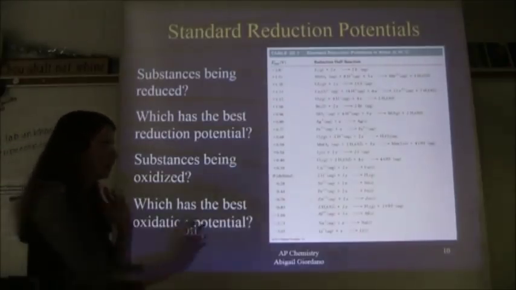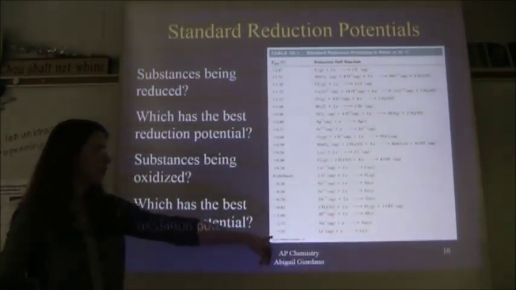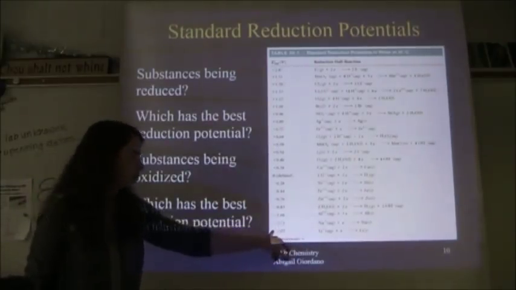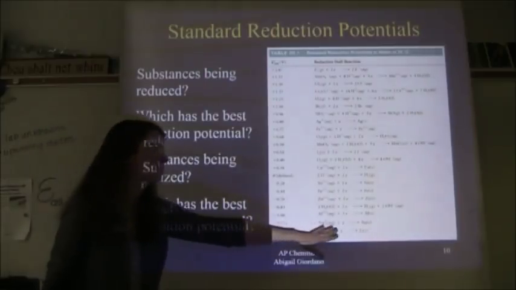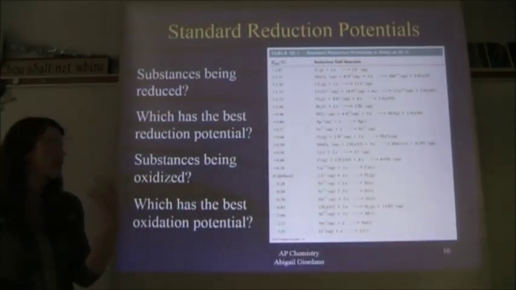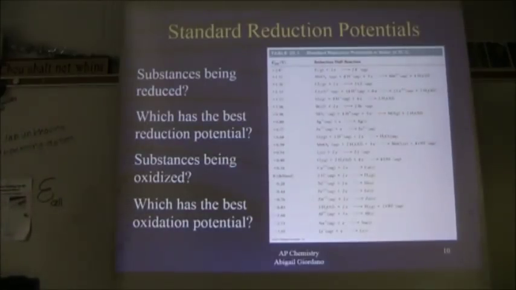Solid. Okay? You flip this reaction around, and then this now becomes the most positive potential in the chart. Lithium solid is the most favored to be oxidized in that chart. So positive potential means very favored, very spontaneous.